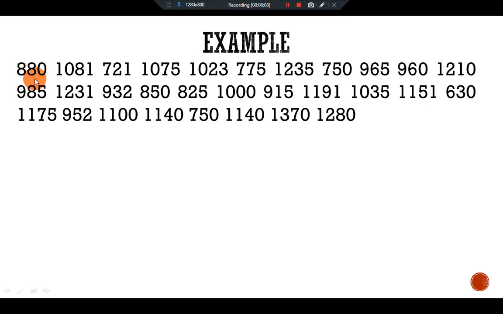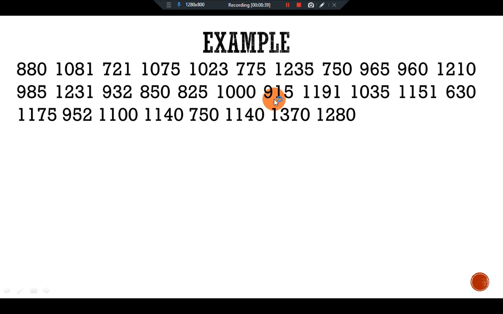So the stems for this entire data set are starting from, so somehow we have the lowest value. Let me see, the lowest value here is 750, and no less than 750.